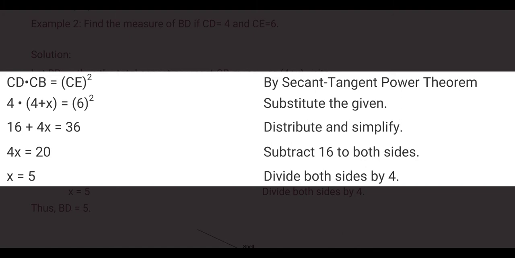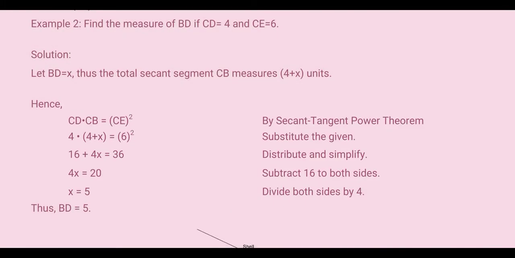So subtract 16 from both sides. We move the 16 to the other side, so 36 minus 16 is 20. On the left side, the 16 disappears, so we have 4x only. Next, divide both sides by 4. So the answer will be 5.